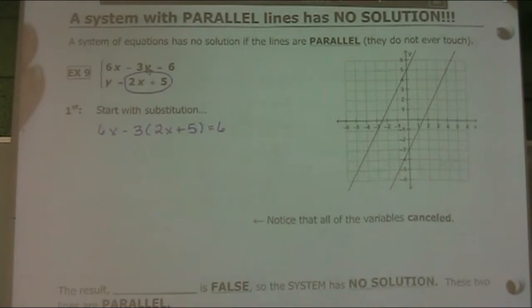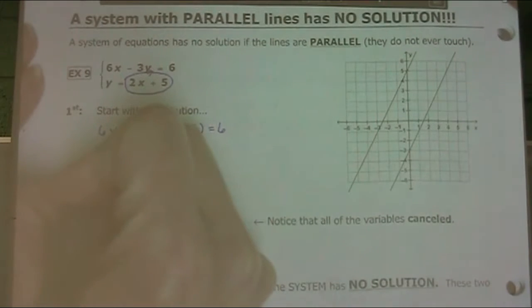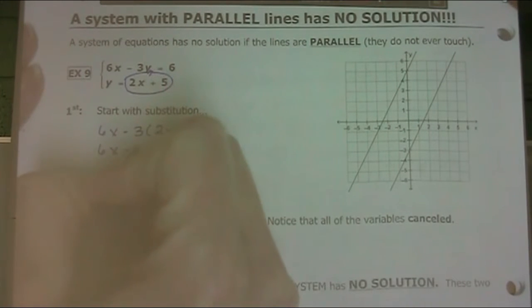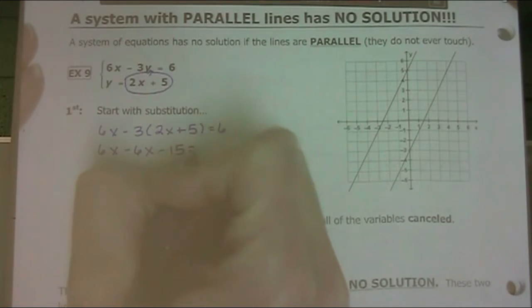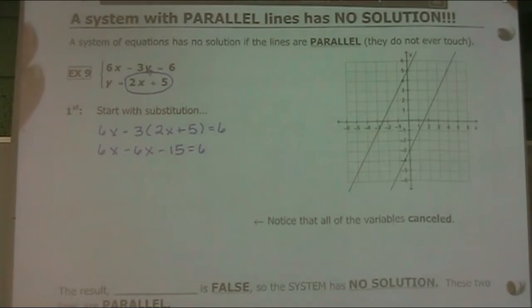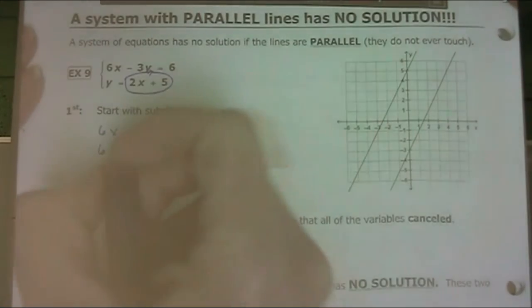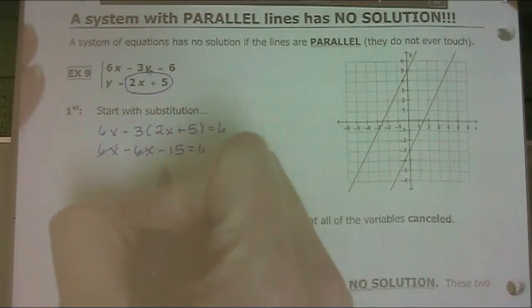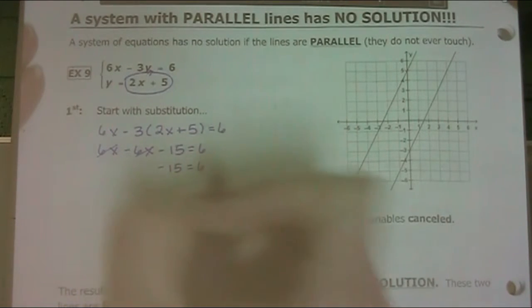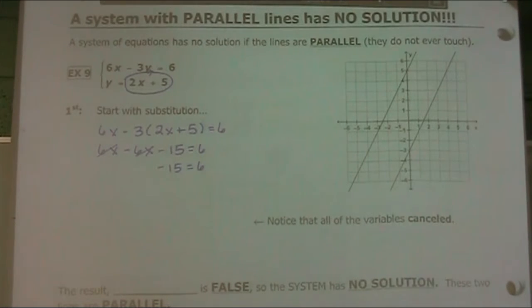All right, and I'm going to go ahead and distribute, and that gives me 6x minus 6x minus 15 equals 6. And when I combine my terms, the 6x and the minus 6x actually are going to cancel, and I have no x's left. So now I have negative 15 equals 6. And that is not a true statement.